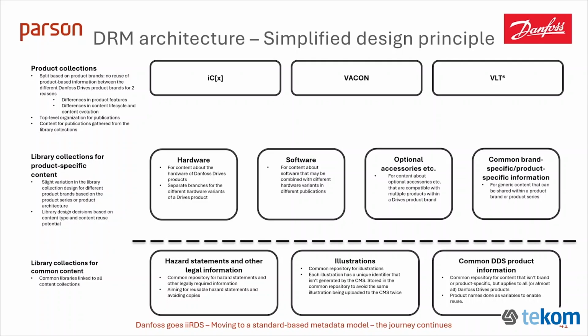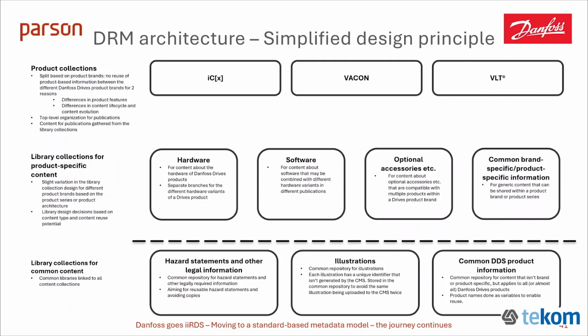As I said, on the product brands that I showed earlier, where we split the product collections, as we call them, the criteria is that there are differences in product features, content lifecycle, content evaluation, and so on. This is the top-level organization for the publications in a way, right?